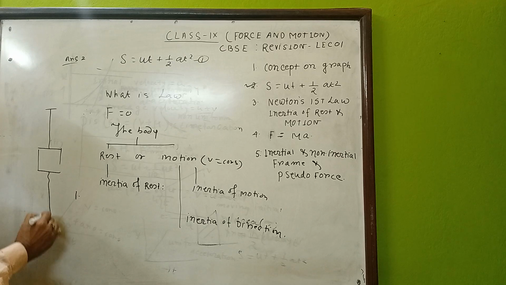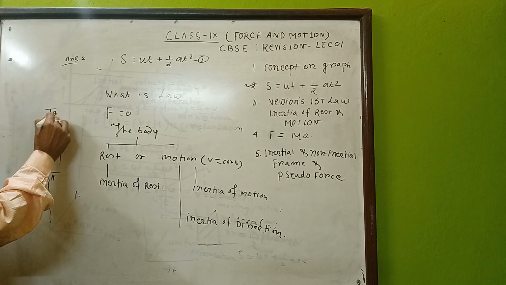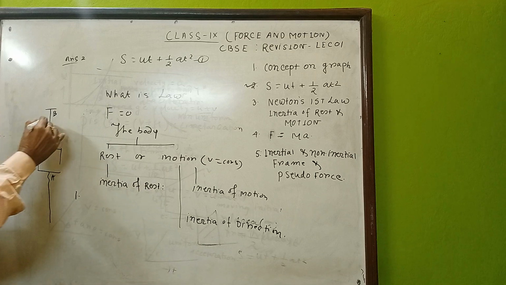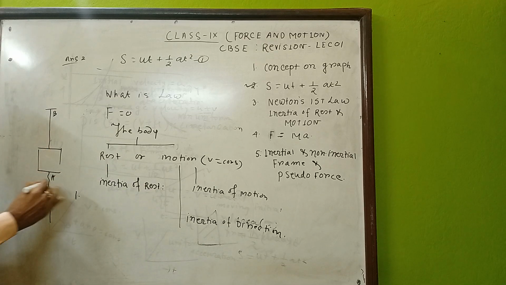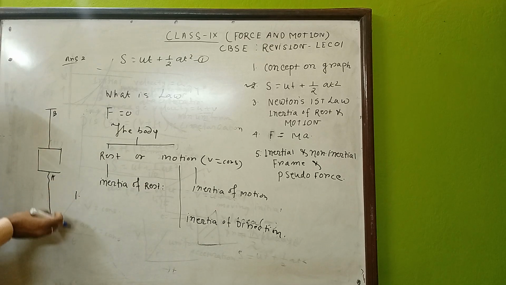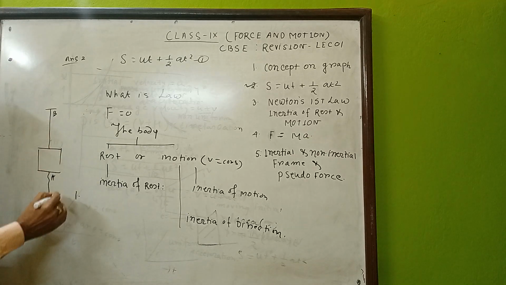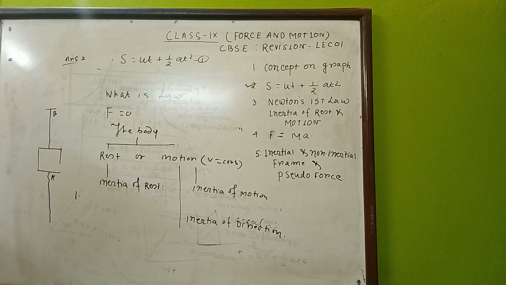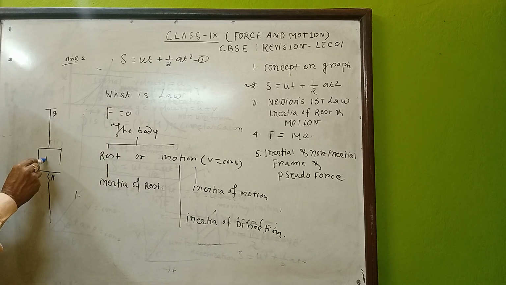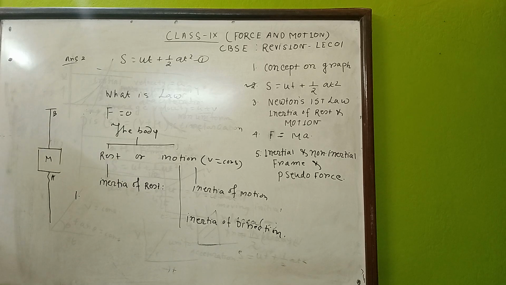Now if you jerk at points A and B, it will cut at point A. If you pull the string slowly, it will cut at B. When you jerk suddenly, the massive body has the tendency to stay at rest, so the force will not be communicated to point B. But if you apply force slowly, the force will be applied at point B also. So this is the inertia of rest.